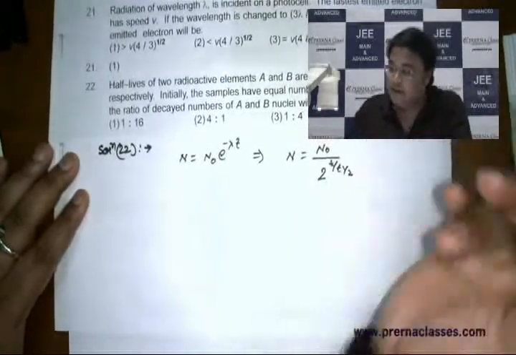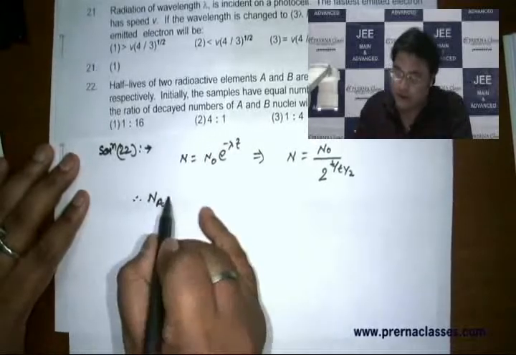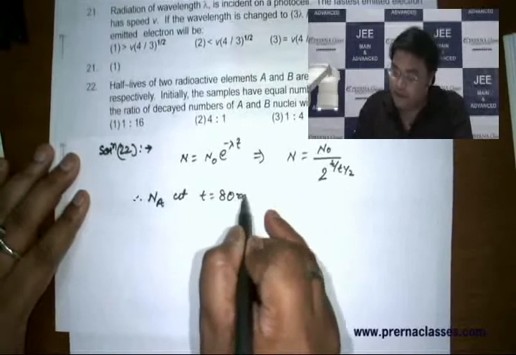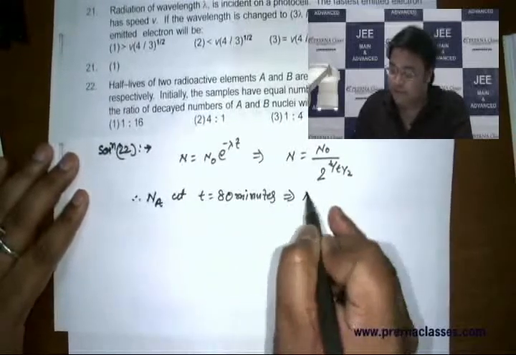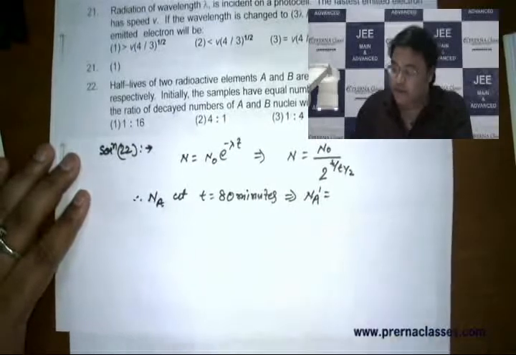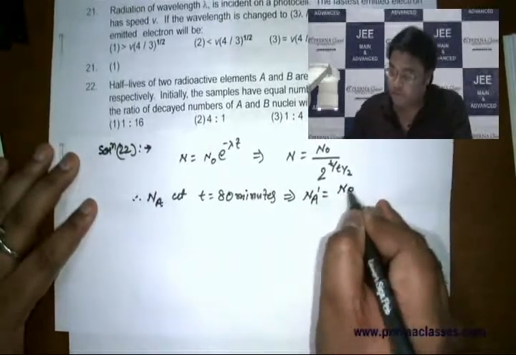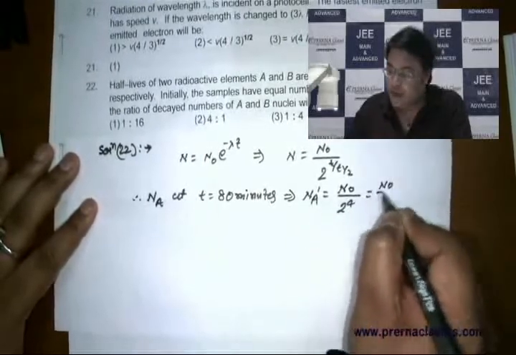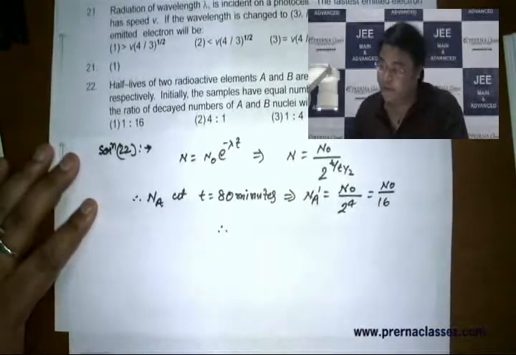Clearly 80 minutes is a multiple of the half-life of A. So the number of nuclei of A at t equal to 80 minutes is N A dash, which equals N naught divided by 2 to the power 4, or you can say N naught by 16.